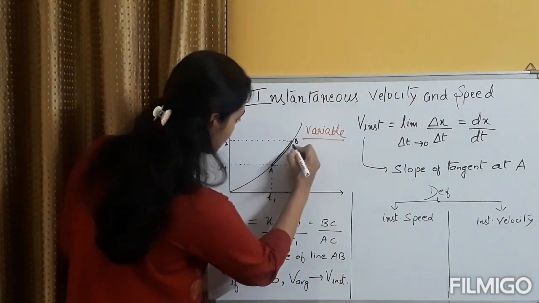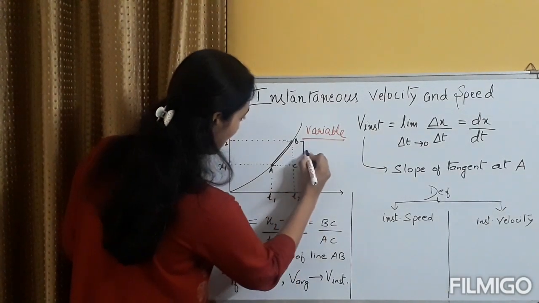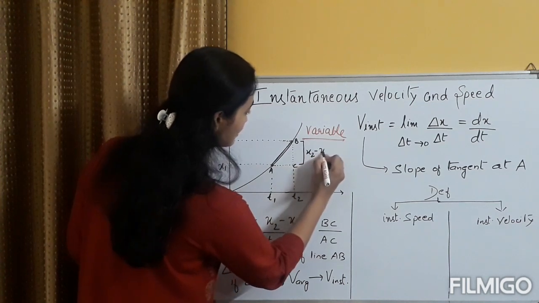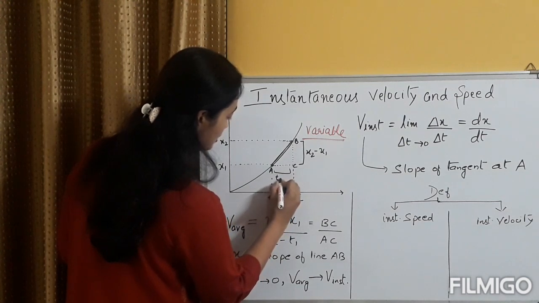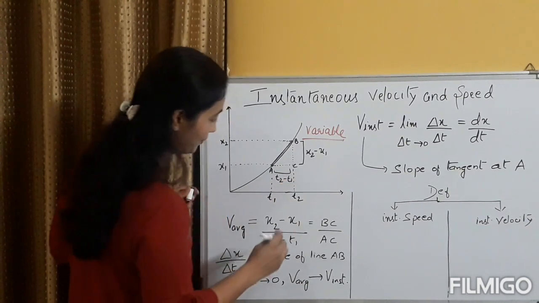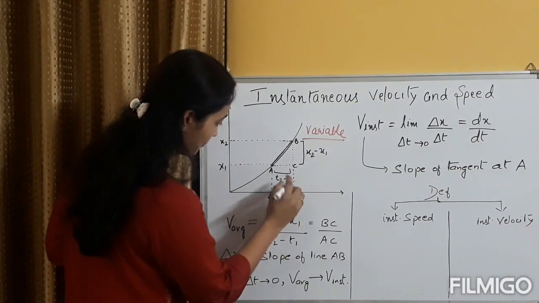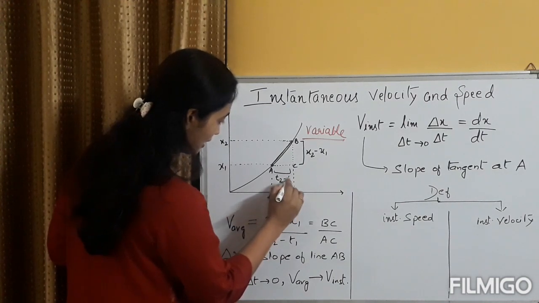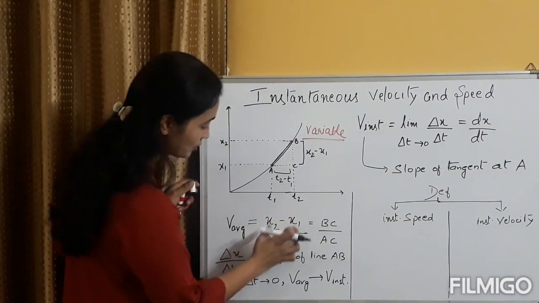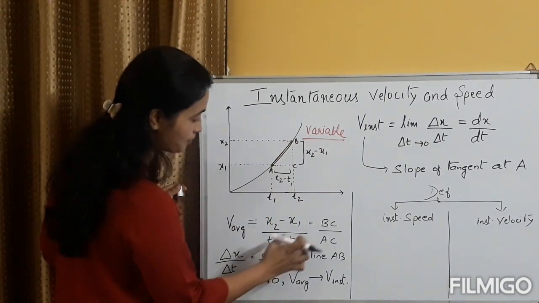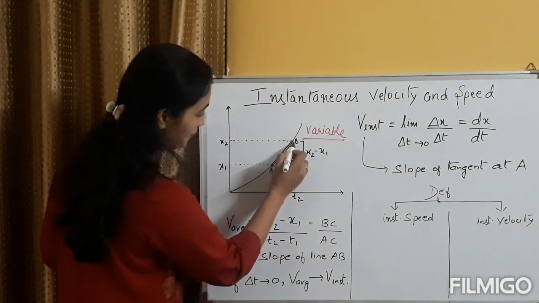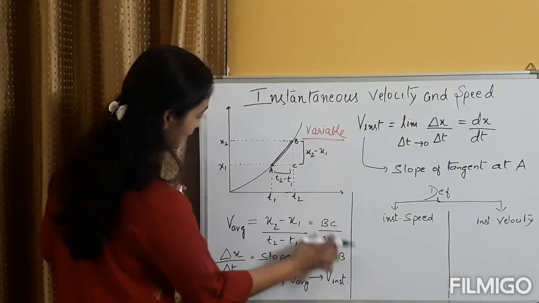We can mark this part of the graph as x2 minus x1, and this part of the graph represents t2 minus t1. So it is the ratio of x2 minus x1, the perpendicular, to t2 minus t1, the base, which is nothing but BC divided by AC.